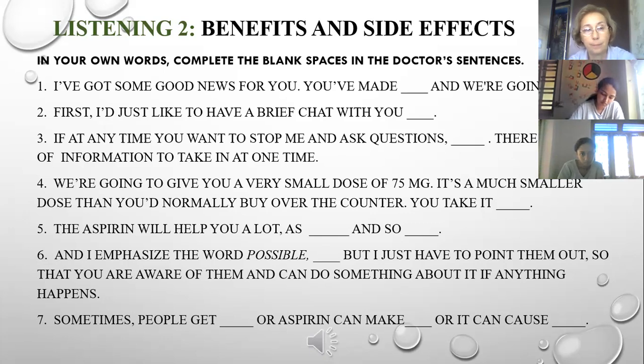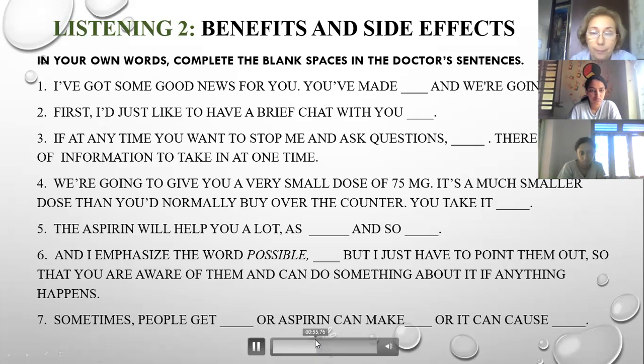Okay. We're going to give you lots of tablets to take with you and make you rattle a bit. Okay. I thought that might happen. Right. Now, if at any time you want to stop me and ask questions, feel free to do so. There's a lot of information to take in at one time. Yeah, fine. The first tablet, which I'm sure you're familiar with, is... What is it?